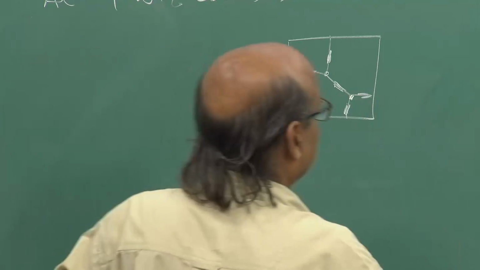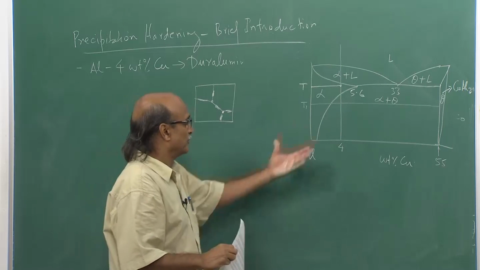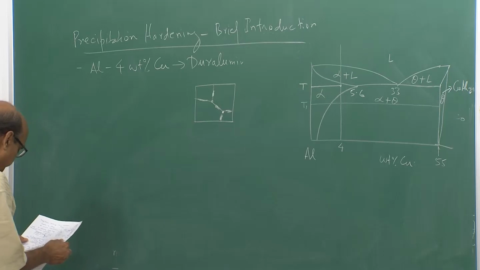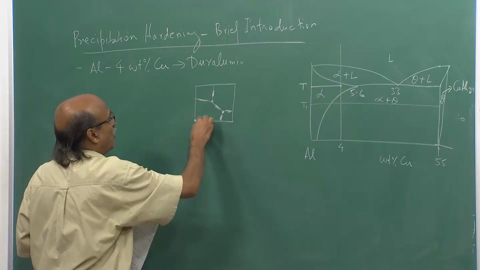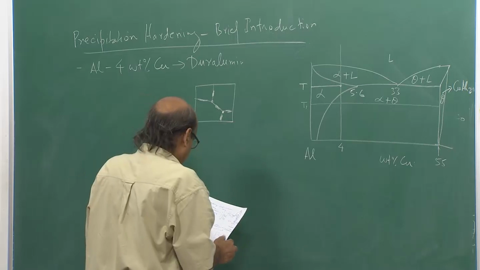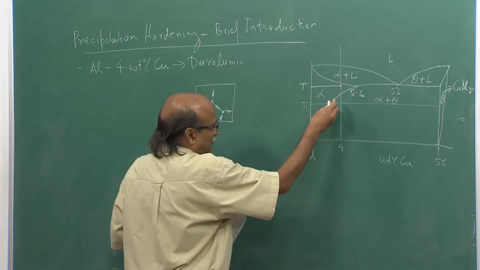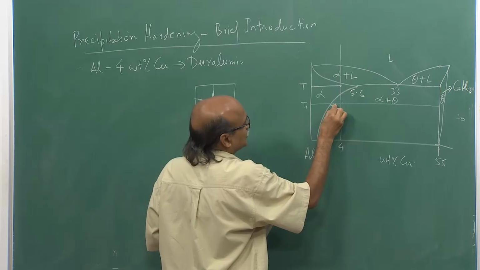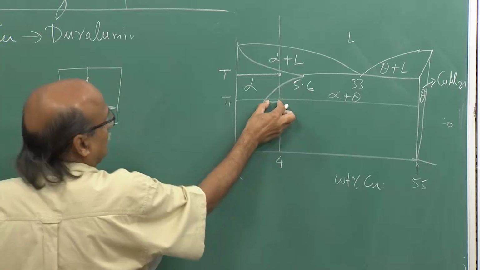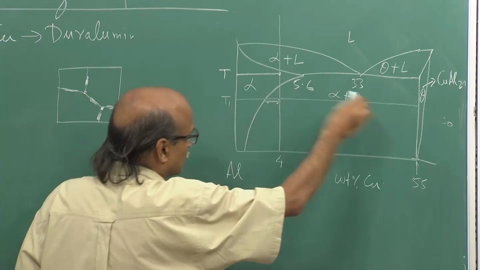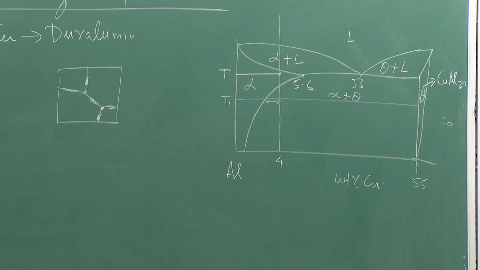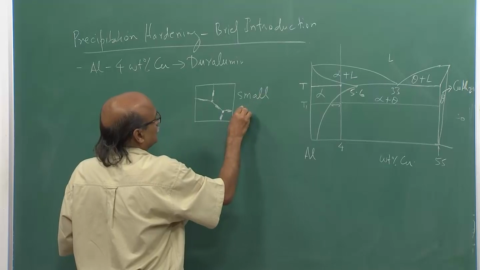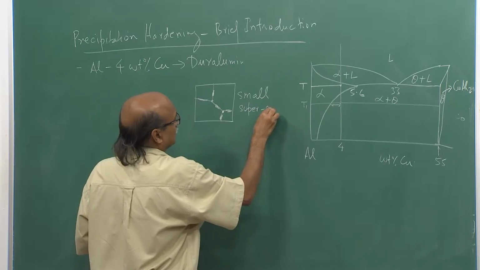And eventually I will get alpha and theta in equilibrium as dictated by the phase diagram at that temperature T1. So, this is for small undercooling. I can also say that at T1 there is a supersaturation of alpha of a certain amount, and this supersaturation then has to dissociate and form the theta phase. So, this is for small supersaturation of alpha.